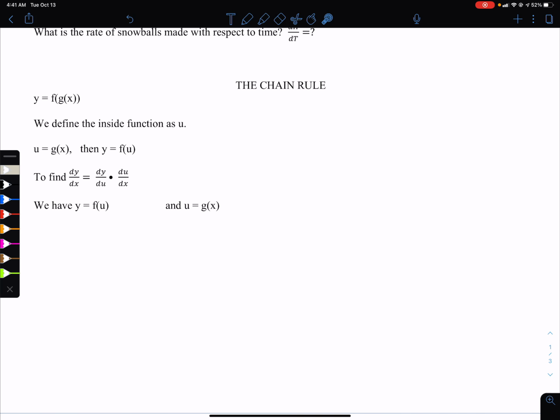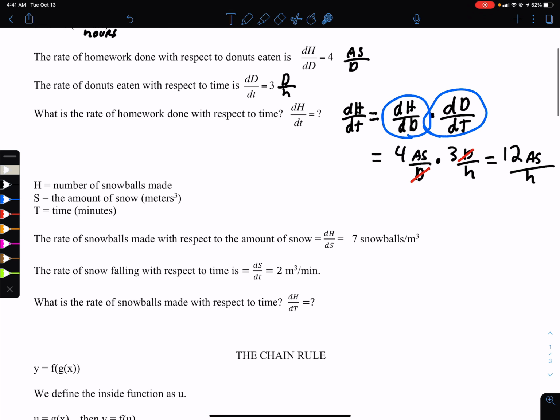So what we're going to do, we define the inside function. The one on the inside is u. So if that's u, this will be f of u. All right, and this will make sense when we start doing some examples. We want dy dx, the derivative of y with respect to the variable x. So from the previous examples, let's look at this previous one here.